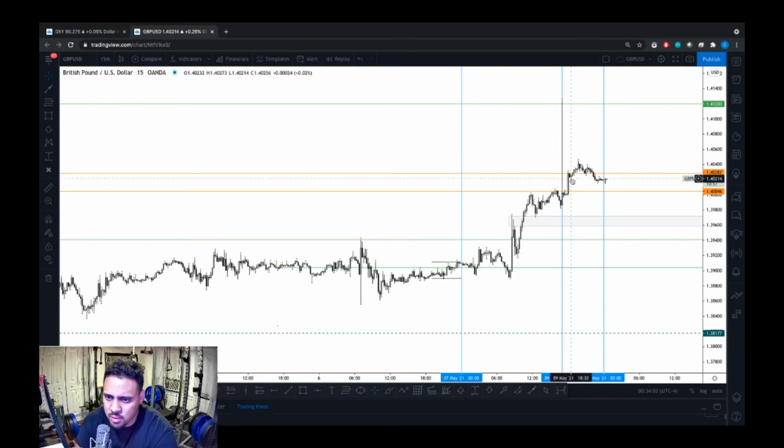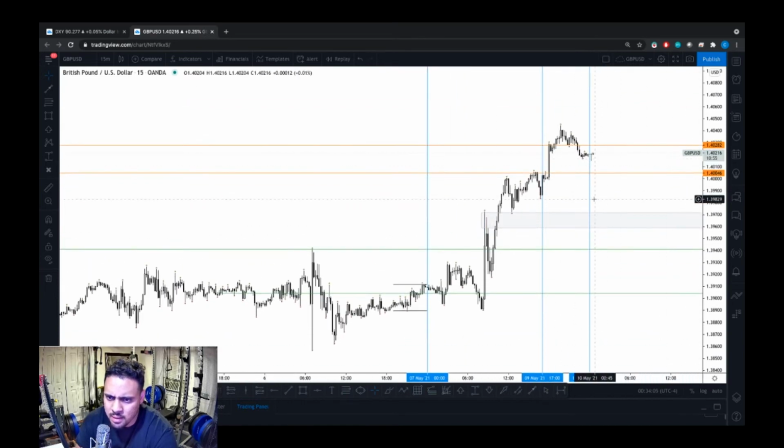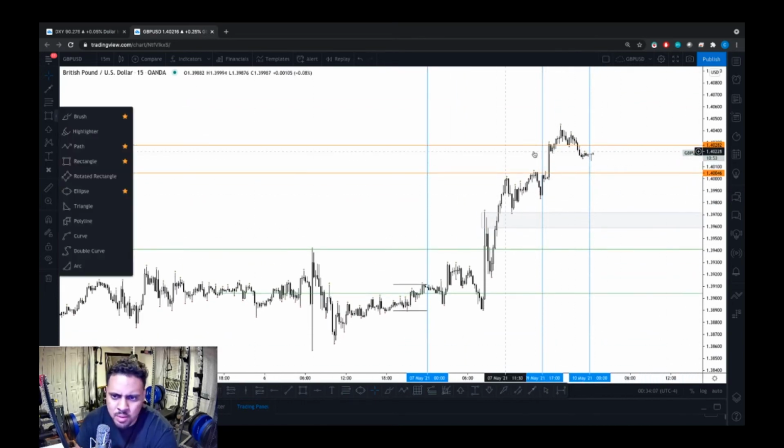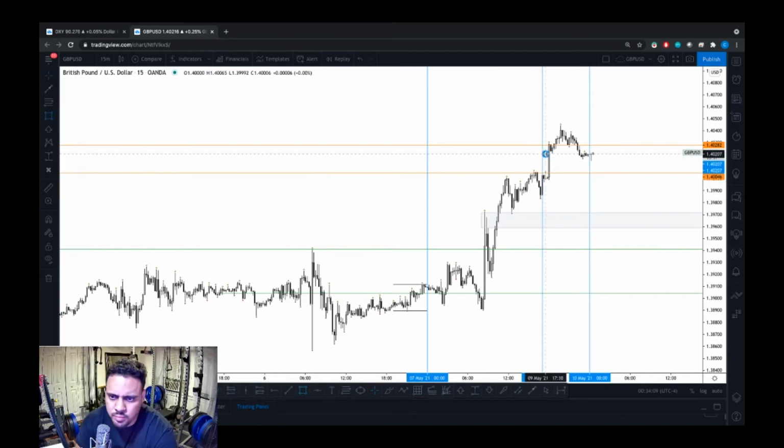This internal break of structure here on the 15-minute time frame, you see how it broke structure right here? When this low is taken, it's not significant until that actual dealing range is taken. If you look at the dealing range, it's really from this low to this high. And you see that the 50% is right in my fair value gap.